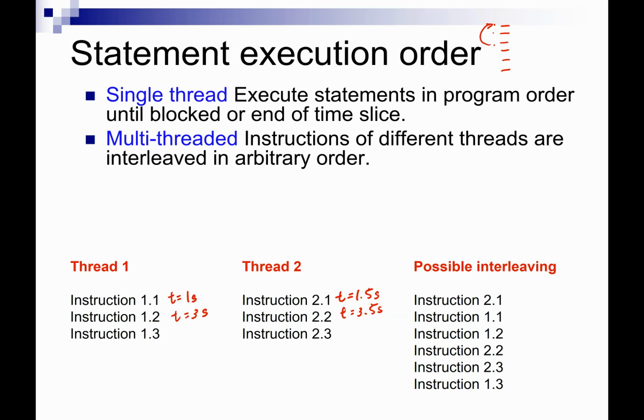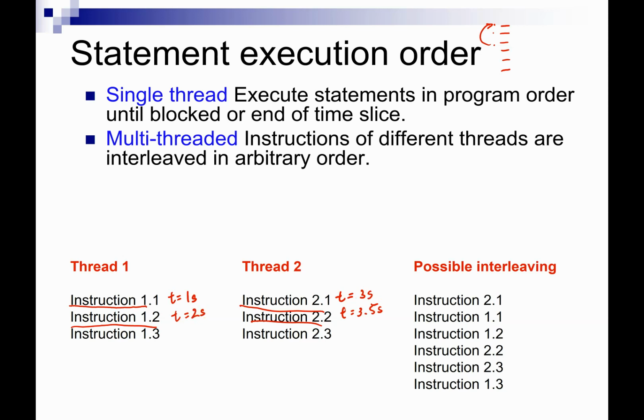So then physically, what's going to happen is that this instruction happens first, and then this one, because it happens at 1.5, and then this one, and then that one. Now, of course, there's no fixed order that these instructions happen in. They can actually interleave in any order. So for example, maybe this instruction actually happens at 3 seconds, and this one over here maybe happens at 2 seconds.